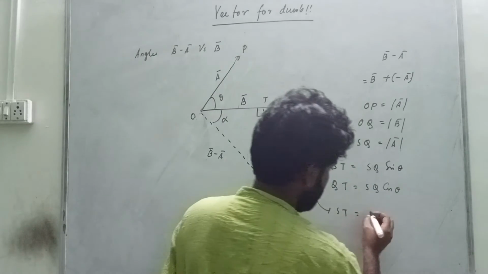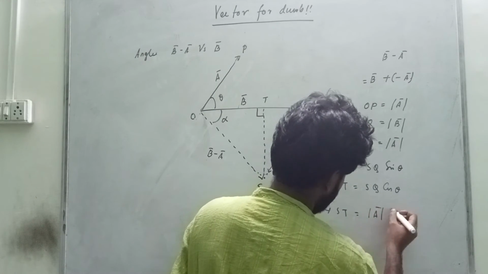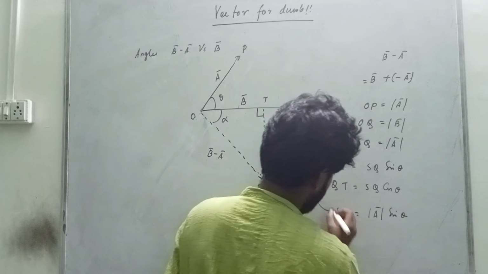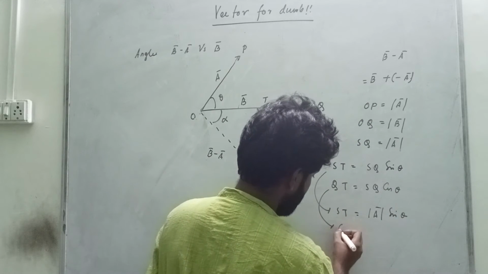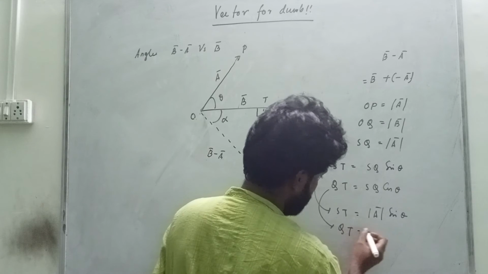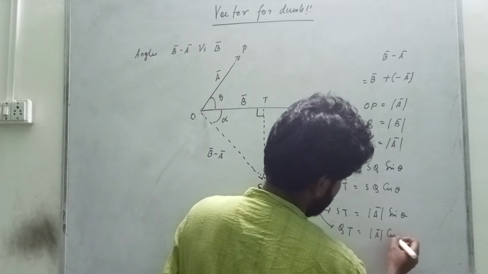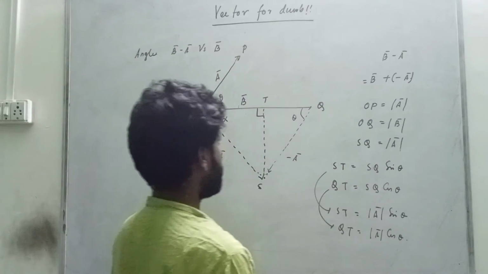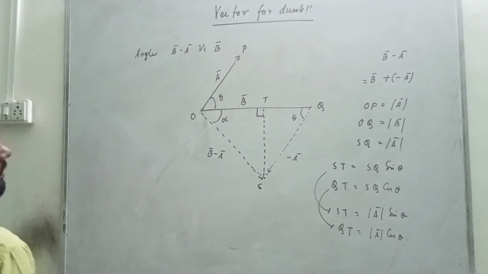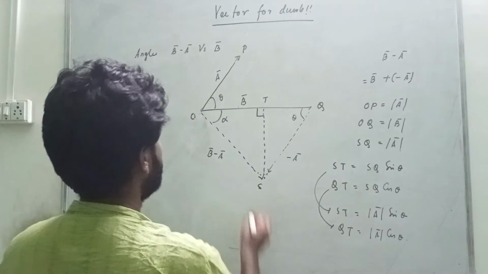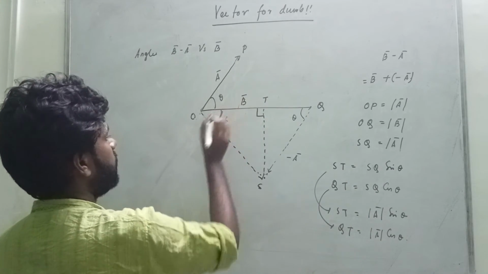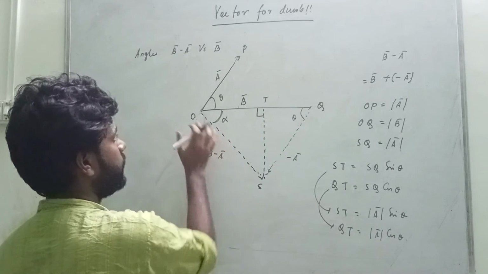So it is A sin theta, and QT means SQ cos theta, that means modulus of A cos theta. Okay, so now I want to calculate the angle between B minus A with B.